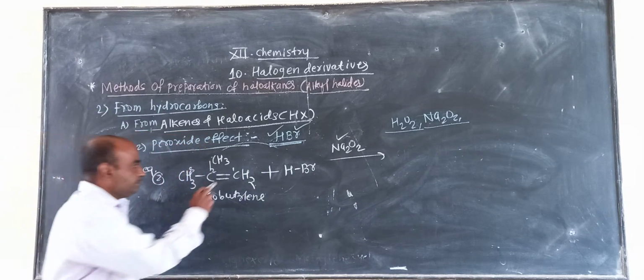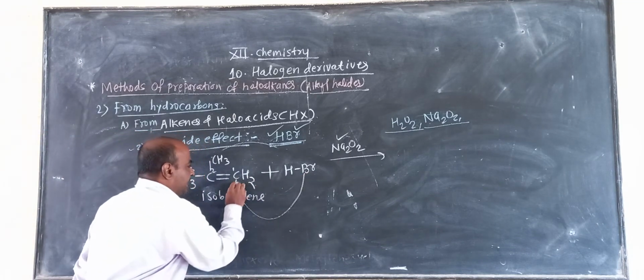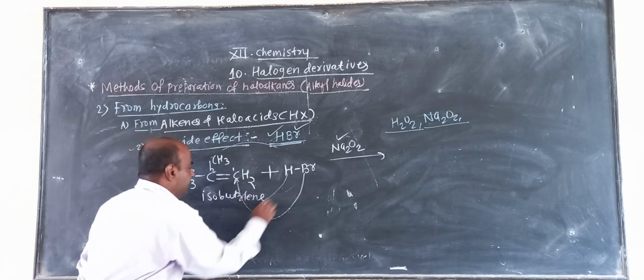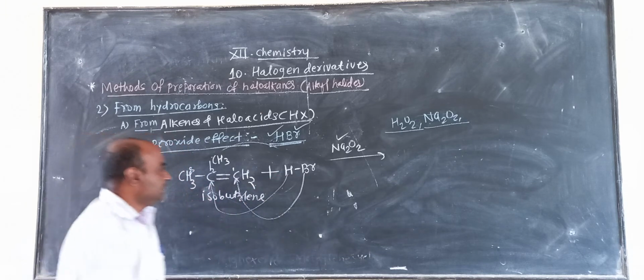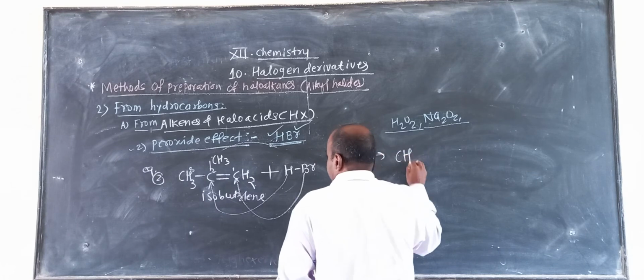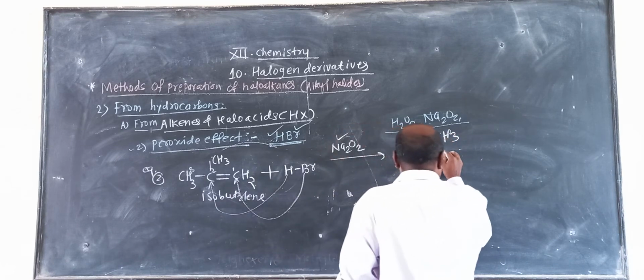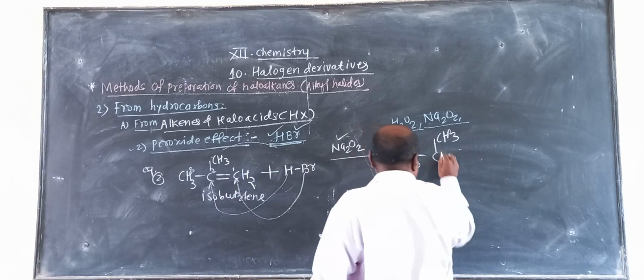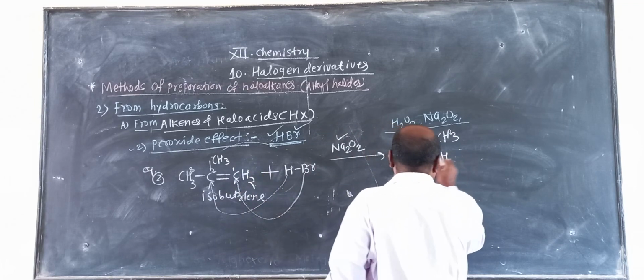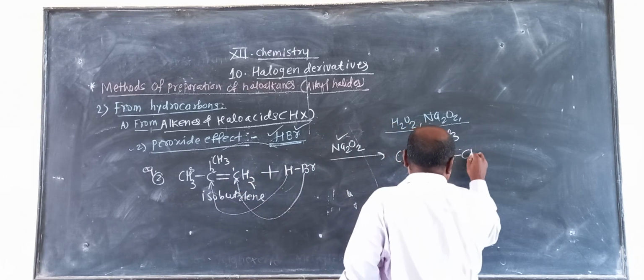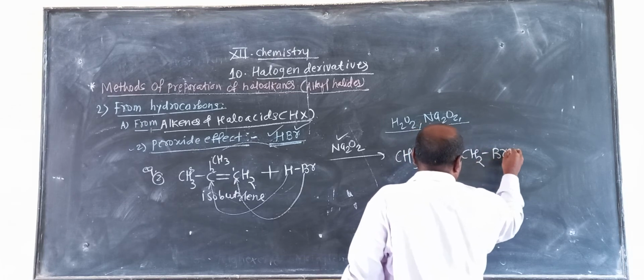Here the bromine atom will attack that carbon atom and the remaining hydrogen gets added there. So you get this product, CH3C(CH3), hydrogen gets added here, the double bond gets reduced, CH3CH CH2Br.